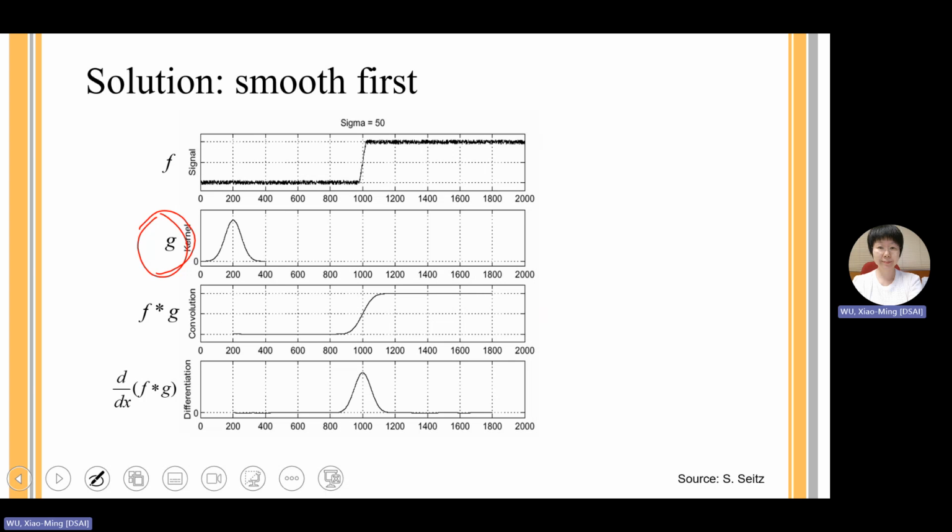We apply the Gaussian filter to the input signal, which is noisy.